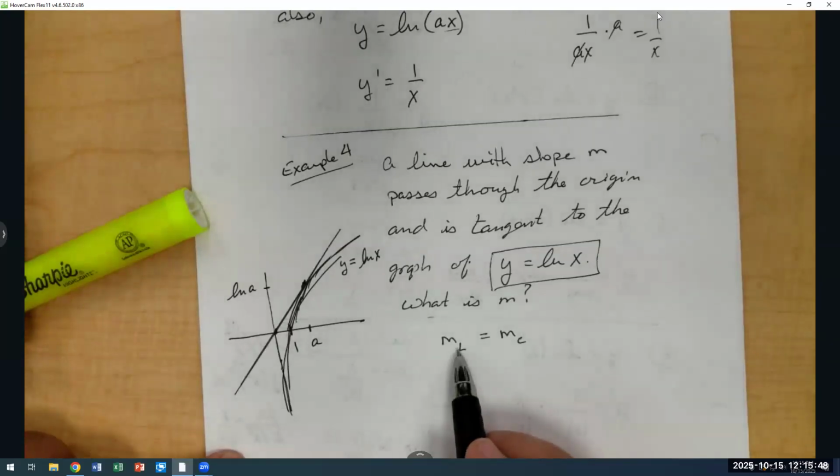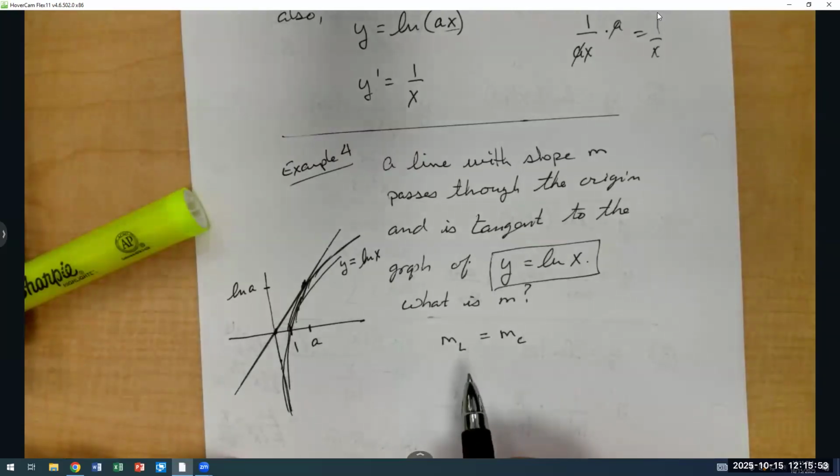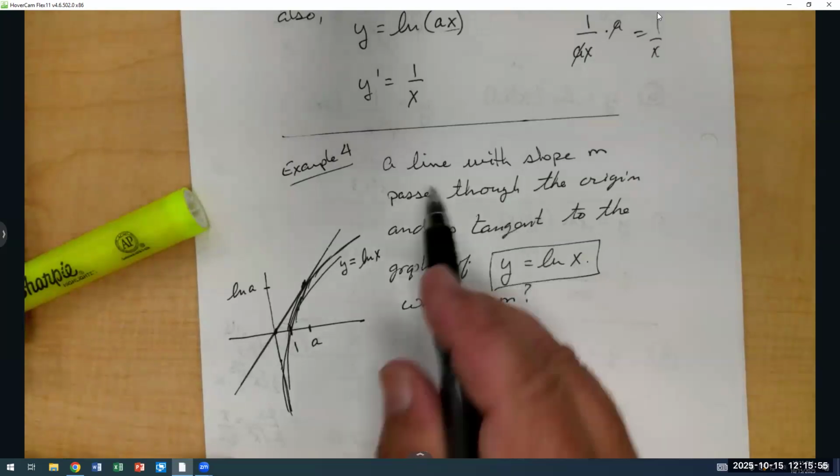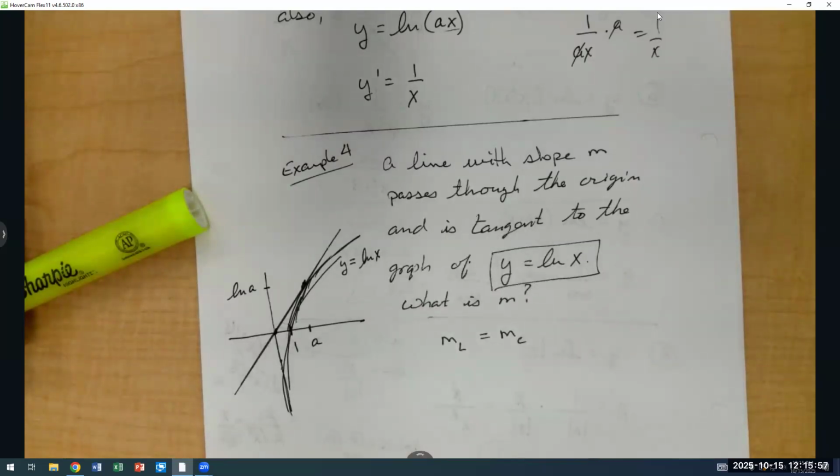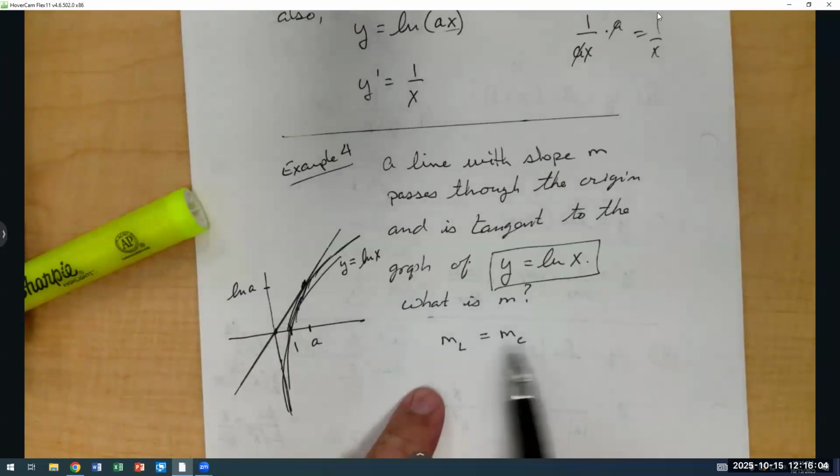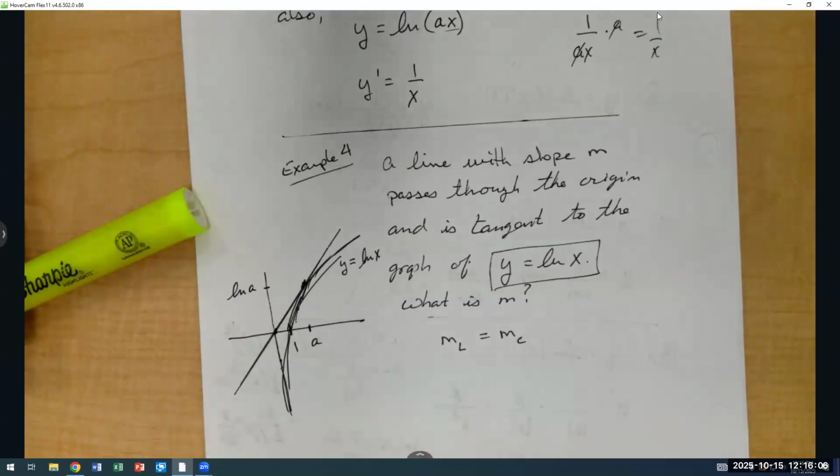How do we find the slope of a line? Derivative. But we don't have the slope, we don't have the equation of the line. That's where they'll be equal, but we have to first find the equation for it.